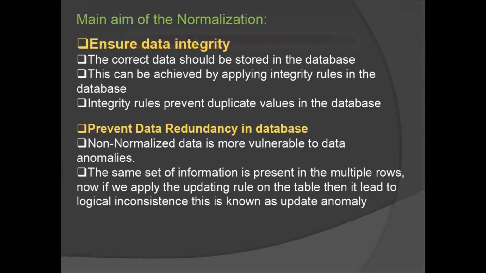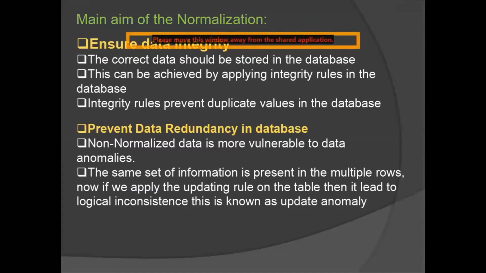This is the first aim of normalization. The second aim, as we just discussed, is to prevent data redundancy in your database, so that there are no anomalies. Anomalies are basically the problems that exist in your particular table due to this redundant data.